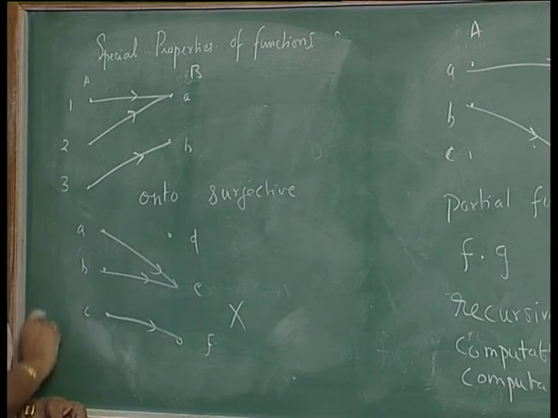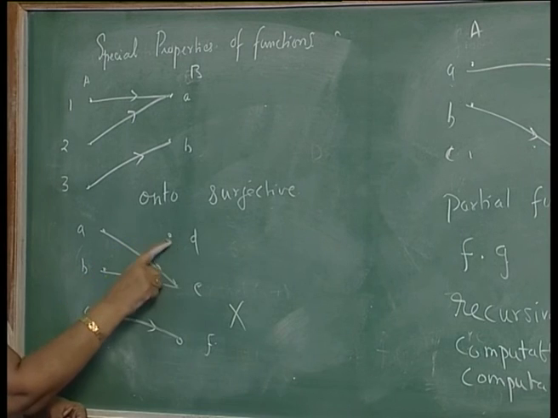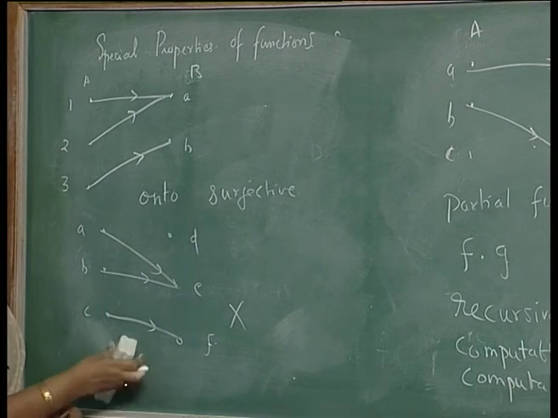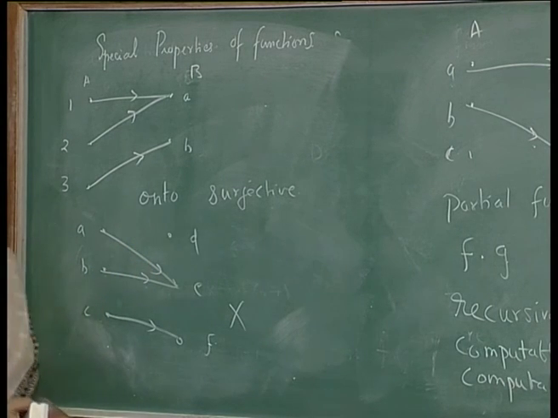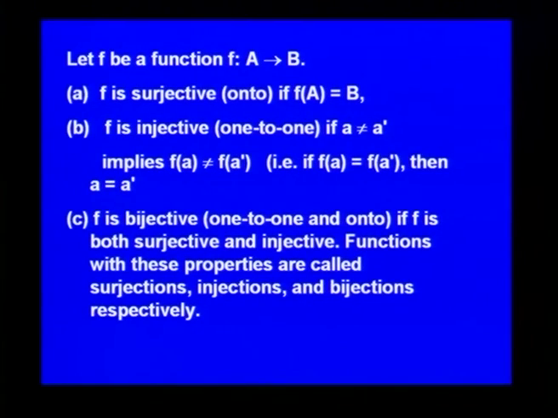The previous one is an example of a surjective function, and this is an example of a function which is not surjective because D is not the image of any element. So, look at the first definition: f is surjective or onto if f of A is equal to B. Second is injective, 1 to 1. Let us consider examples again here.